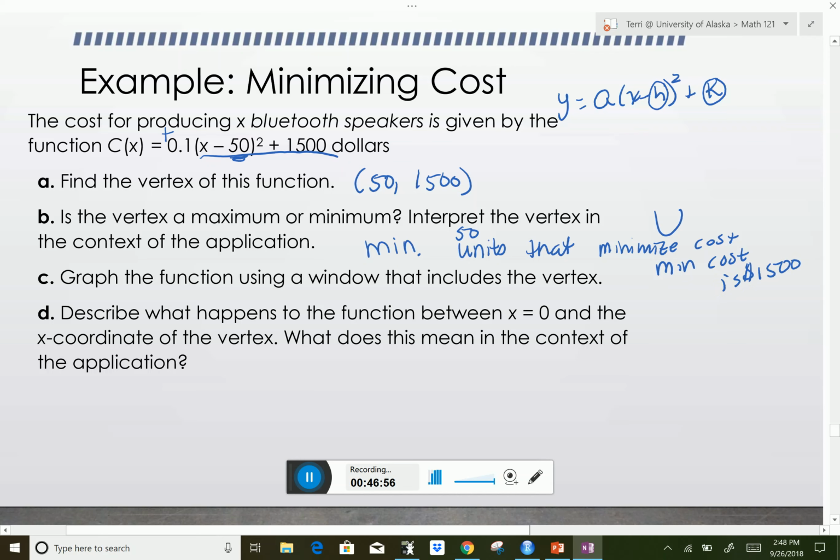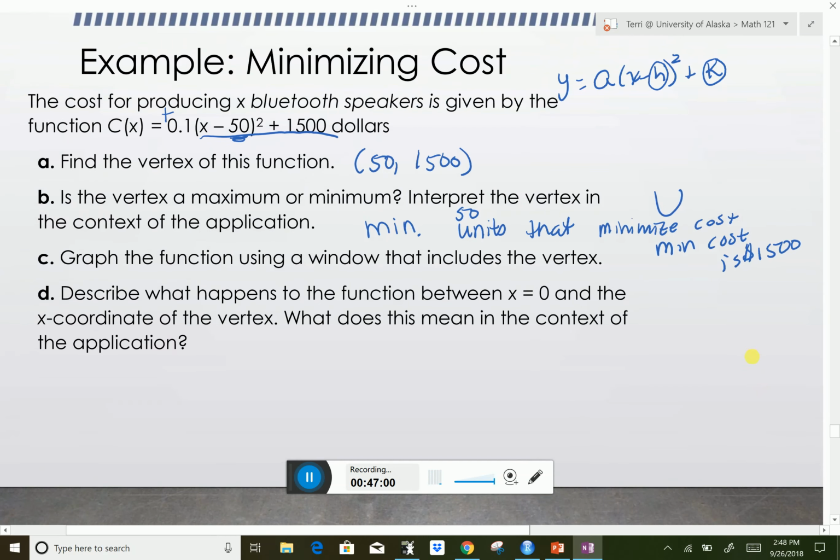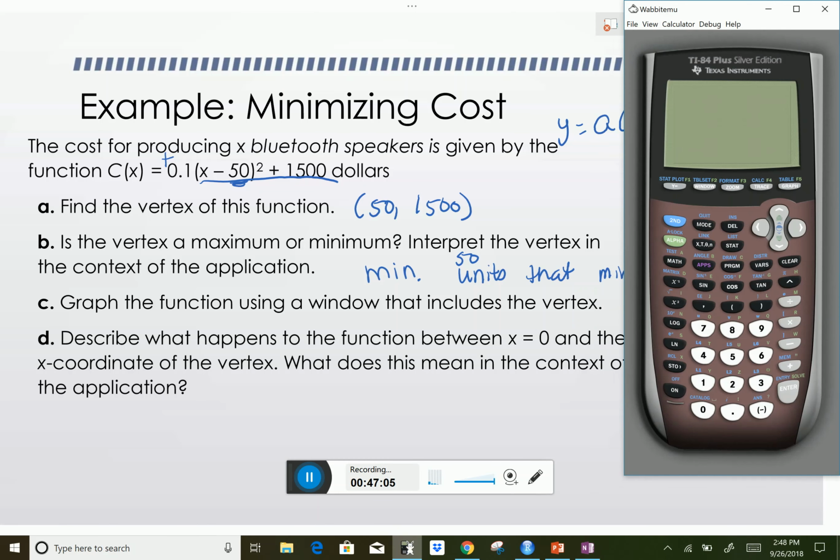So let's graph this function in a window that includes the vertex. Now we want to look at this using our calculator. Now that we have a little more information about how quadratic functions work, it's a little bit easier.